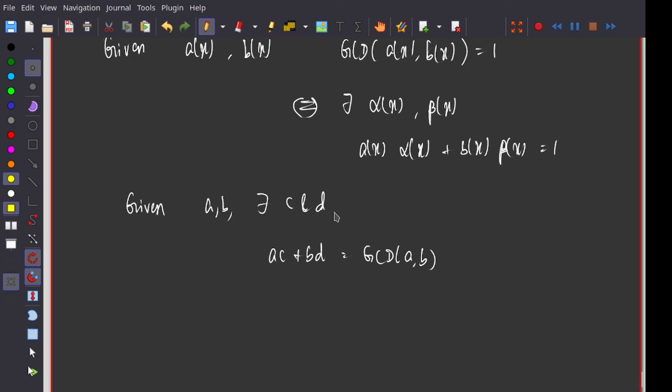Similarly, for any polynomials a and b, you can find polynomials c and d such that ac plus bd equals the GCD. But one other point here is that if you can find polynomials alpha of x and beta of x such that a times alpha plus b times beta equals 1, then it necessarily implies that the GCD is equal to 1.